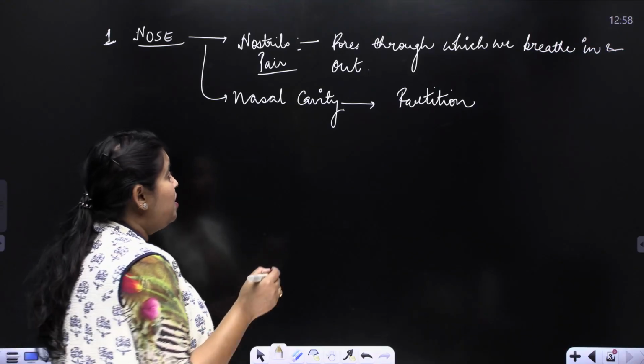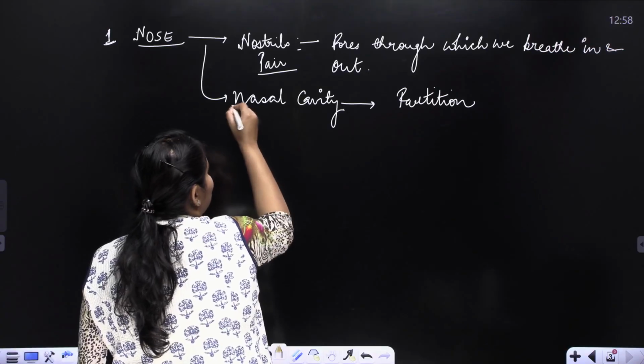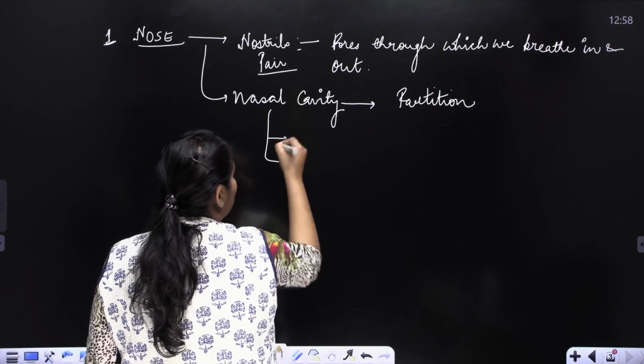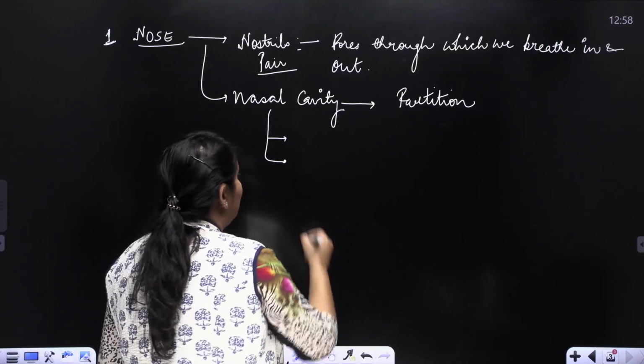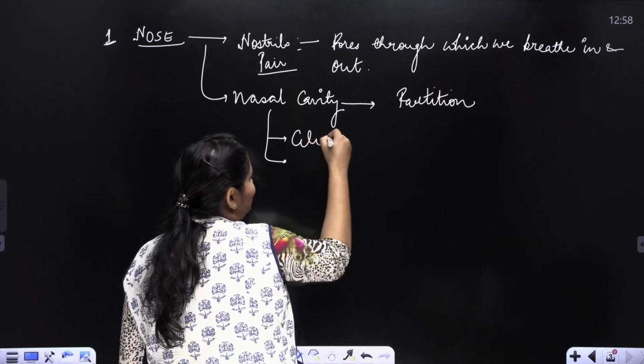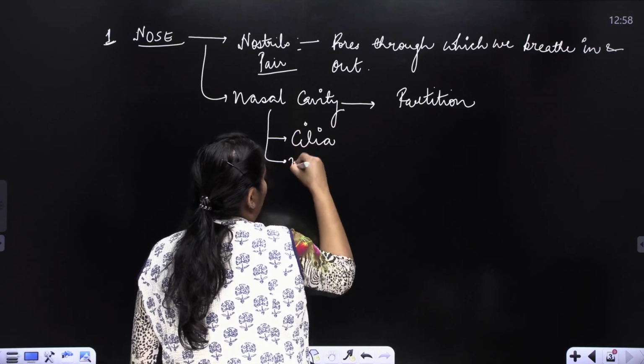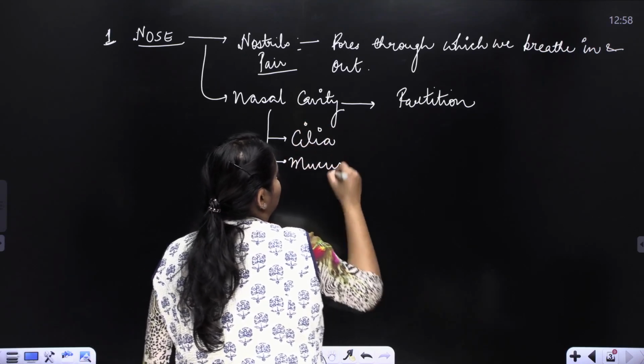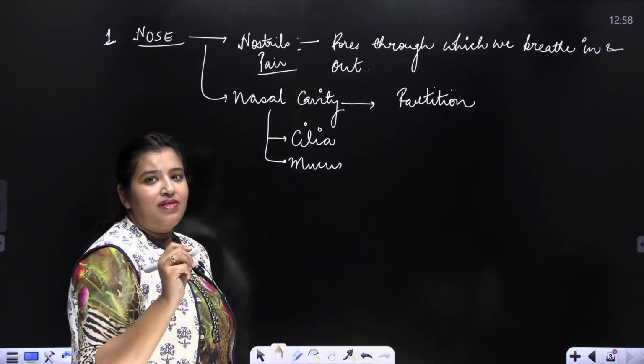Now, what does this nasal cavity have? Nasal cavity has two very important things. One is the cilia and one is the mucus, which is secreted by the cells.